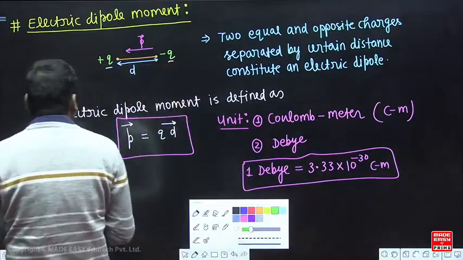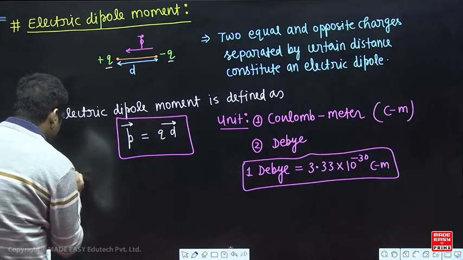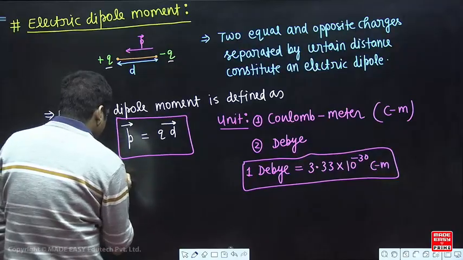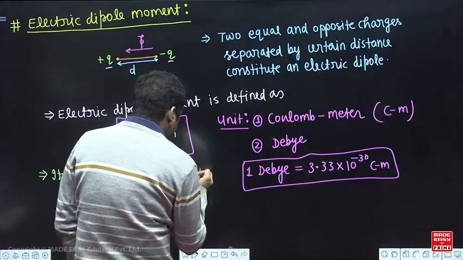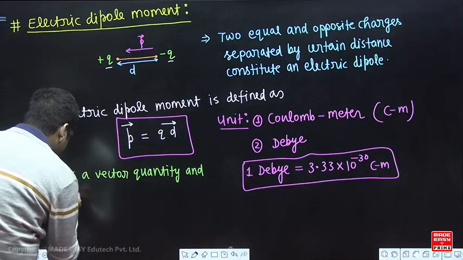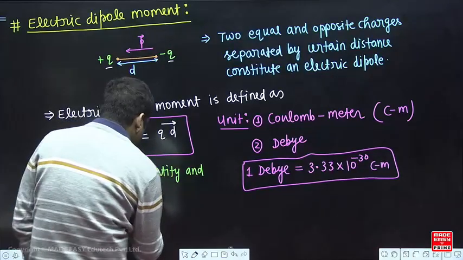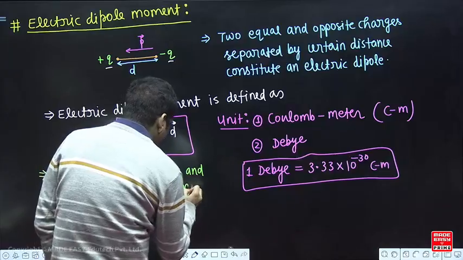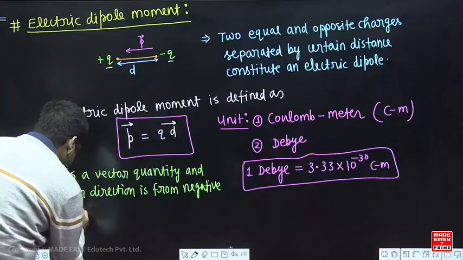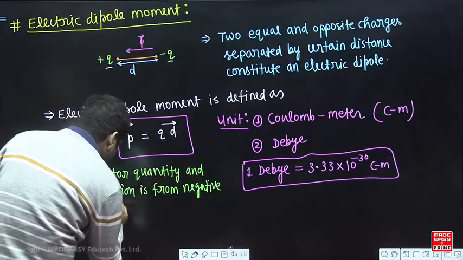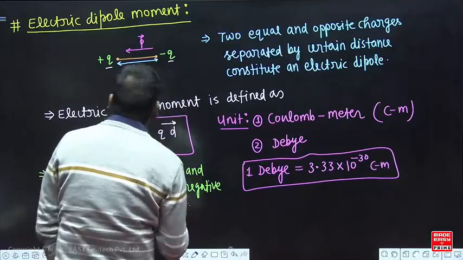It is a vector quantity and vector direction is from negative charge to positive charge. Please put down it.